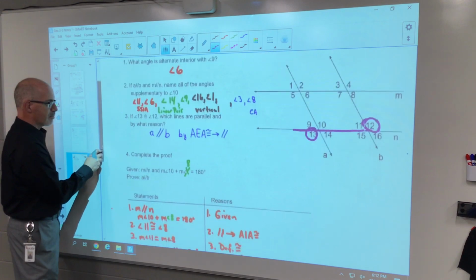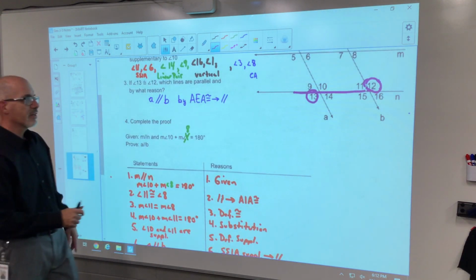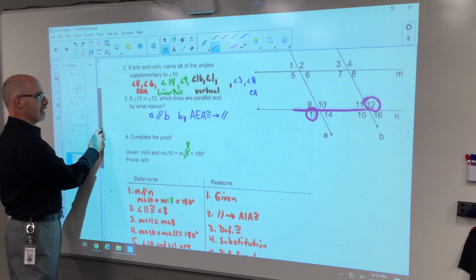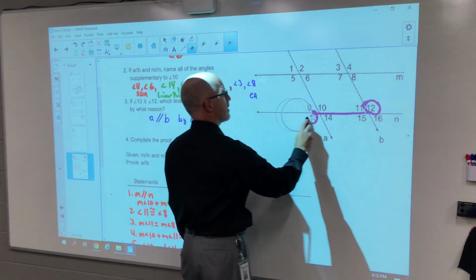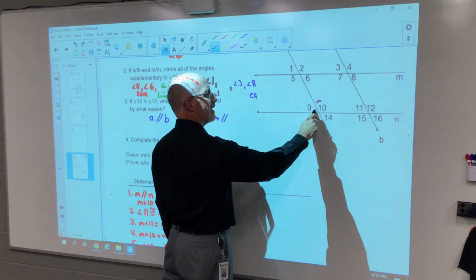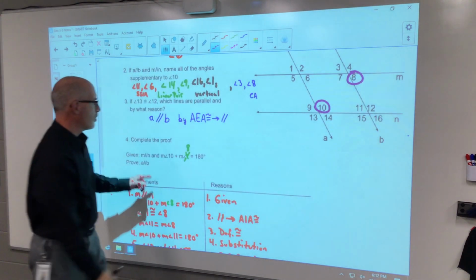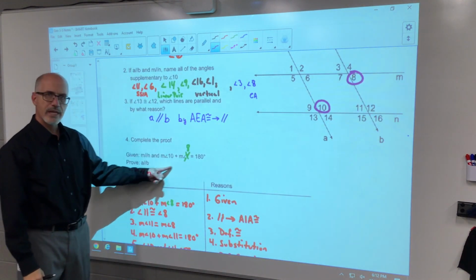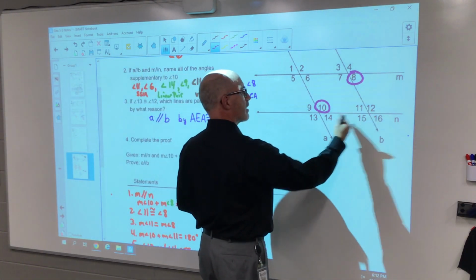All right, here's the proof for this one. Using this information up here, let's erase this. We've got angle 10 and angle 8 here, which we know add up to 180. That's given to us. We want to prove that these two are parallel.